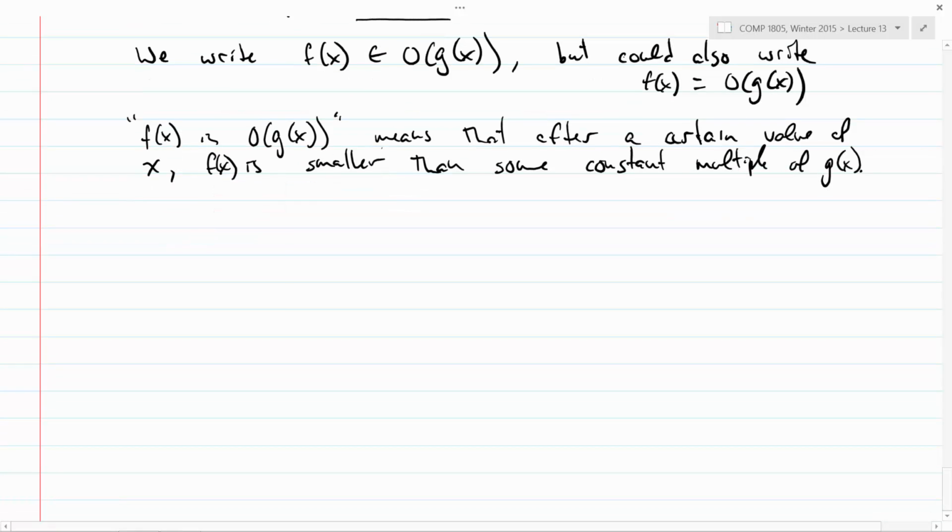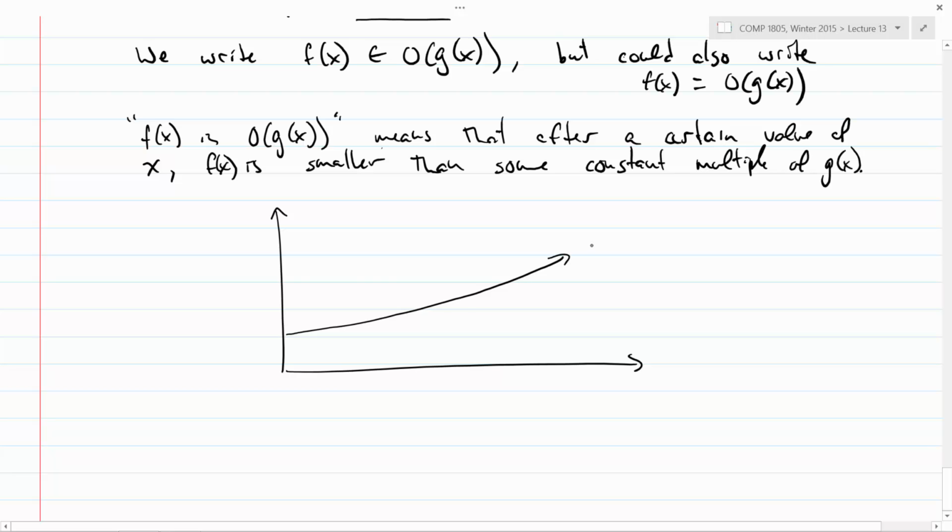So if we look at this graphically, I'm only going to draw the upper right quadrant because everything's positive. So we have some function here, f of x, and what it's saying is that f is always smaller than some constant multiple of g. So maybe that's my g of x. This point here is where they cross.